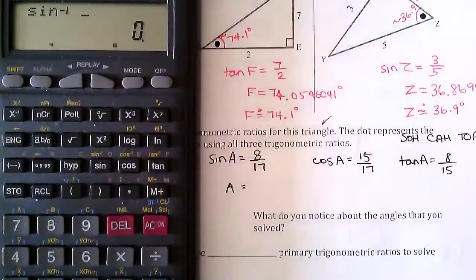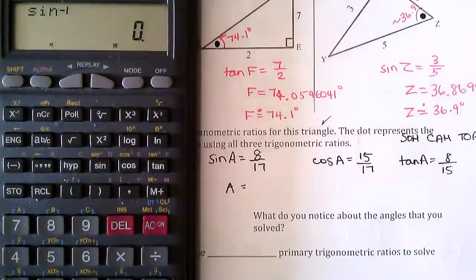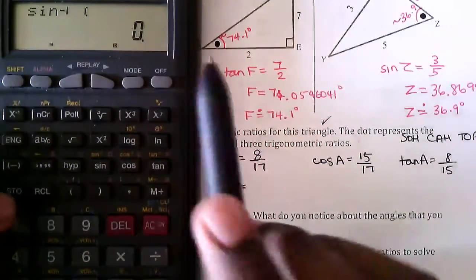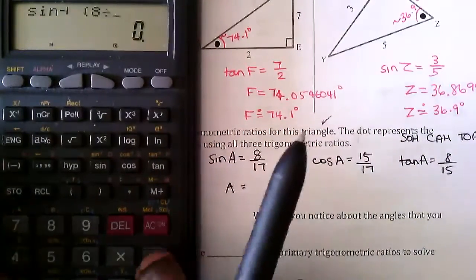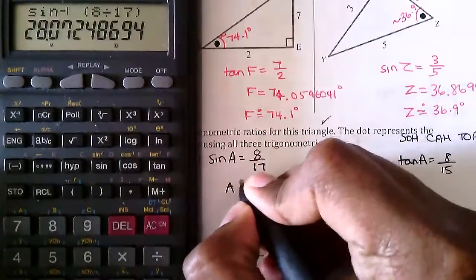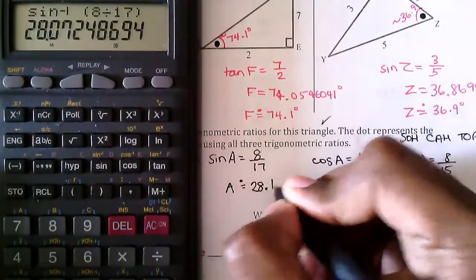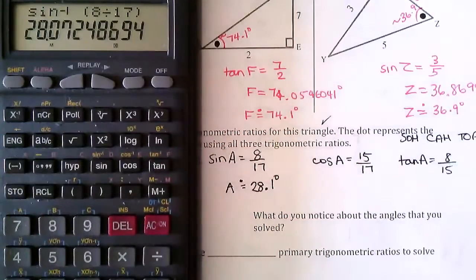So I'm going to use shift sine to get sine to the power of -1, the inverse of sine. And then I'm going to type out the ratio, 8 over 17, in brackets. So this tells me that A is about 28.01, which rounds to 28.1 degrees.